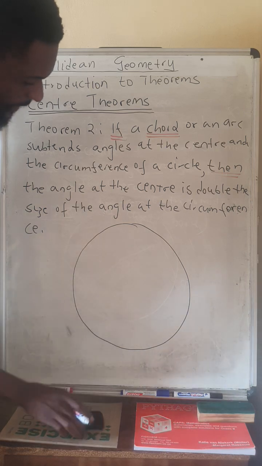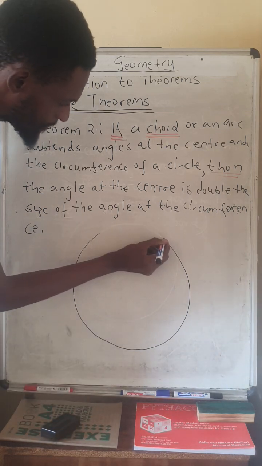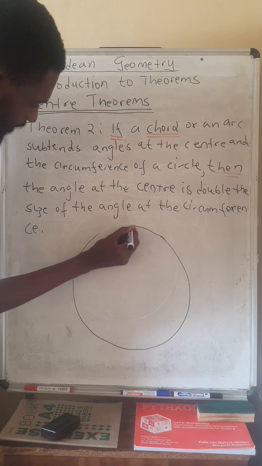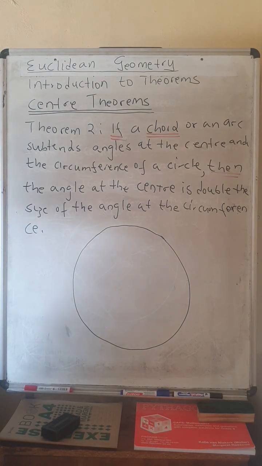You will still remember in part 1 we spoke about angle at the center, angle at the circumference. We also spoke about angle subtended by a chord and angle subtended by an arc. So now that information is going to be needed here.